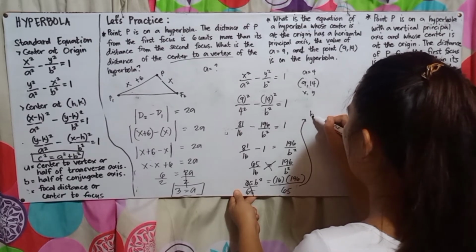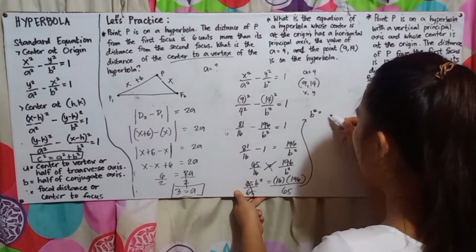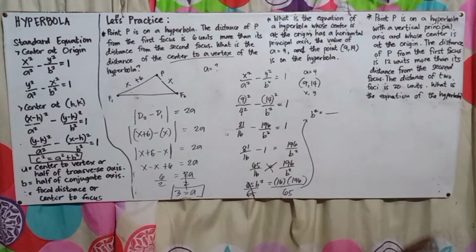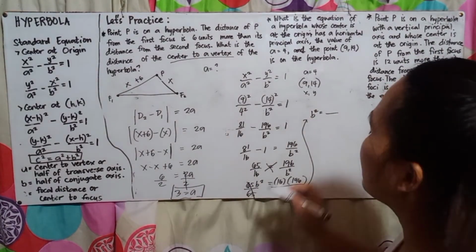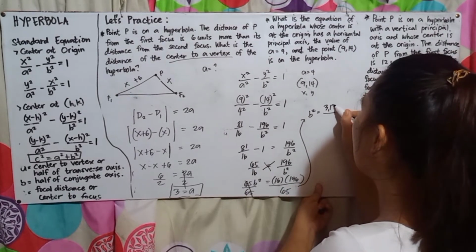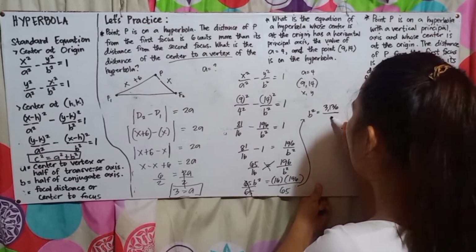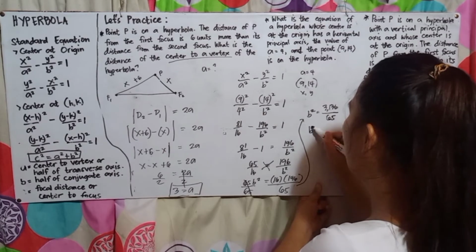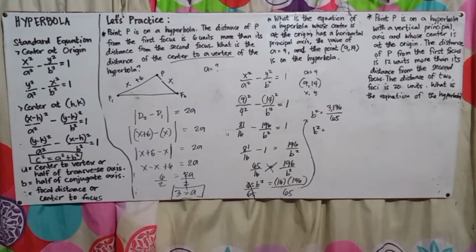So b squared equals 16 times 196, which is 3,136, over 65.